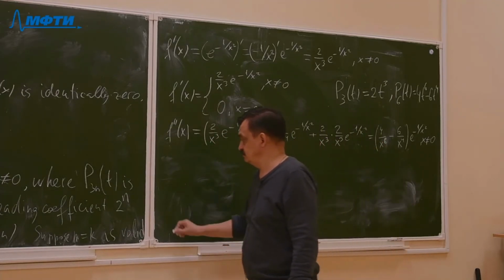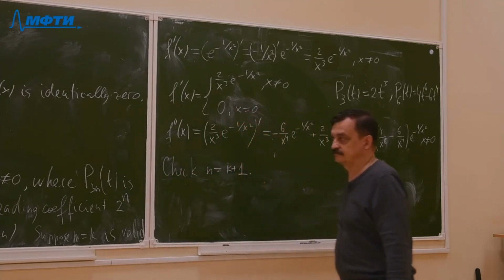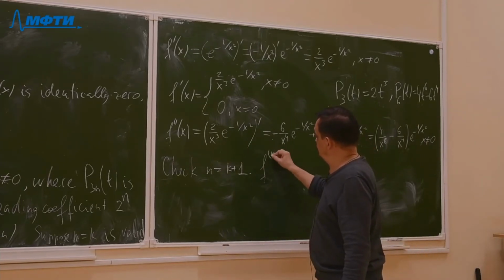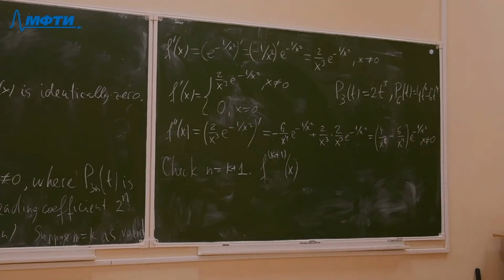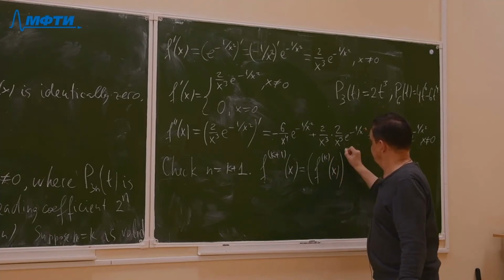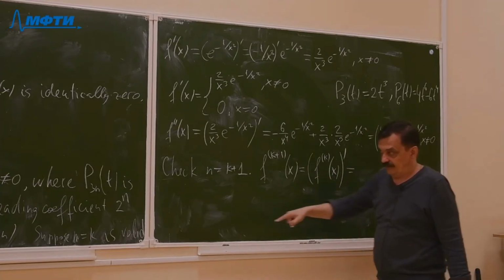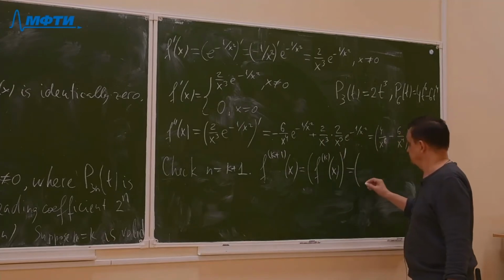So, check n equals k plus 1, right? So, I want to compute the derivative of order k plus 1. That is the derivative of the kth derivative. I take the kth order derivative and then differentiate. The kth order derivative, by the induction hypothesis, I can use.